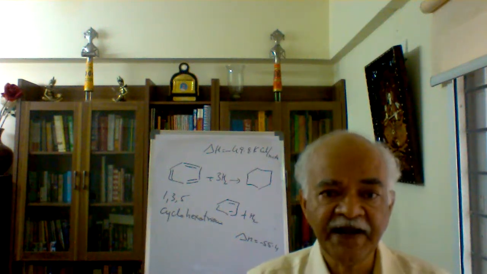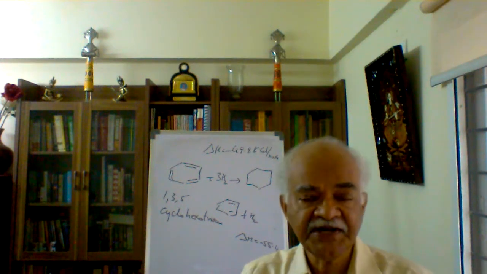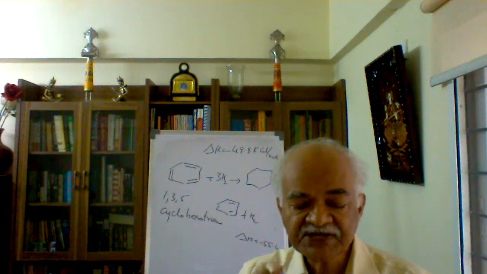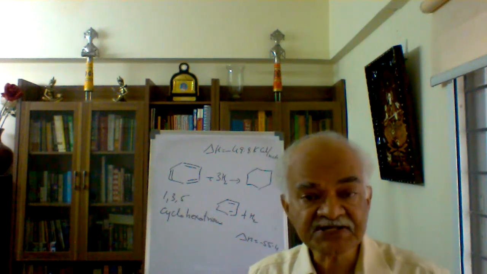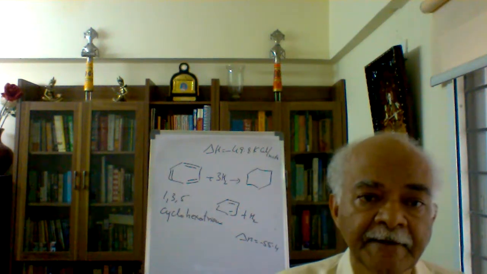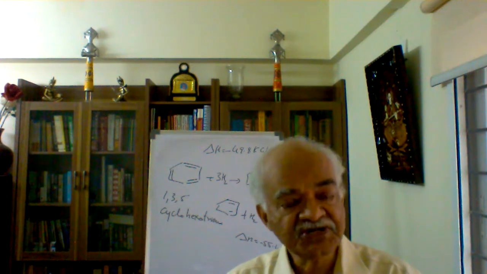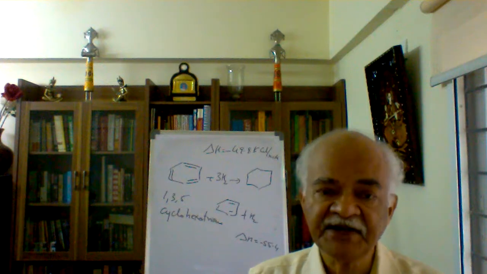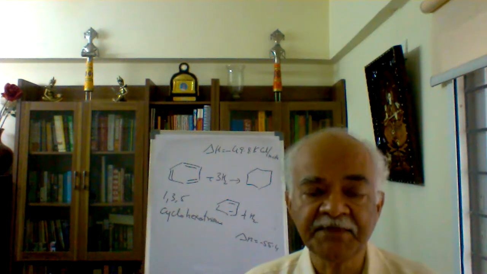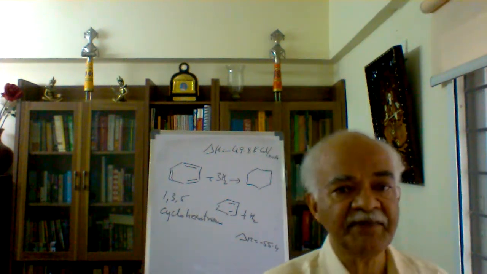Therefore, you must understand the cyclic conjugated system in the case of benzene is showing that extra stability which I cannot normally explain or justify in terms of simple resonance theory or a simple statement that delocalization gives you stability.